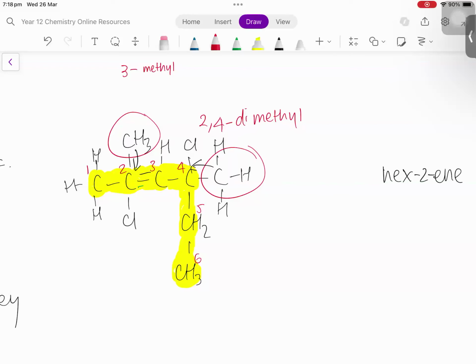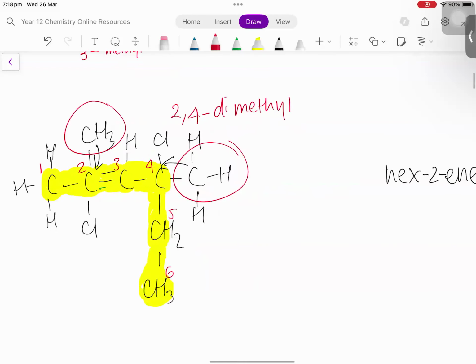I'm not going to put it together yet. All right. Anything else you see besides these carbon branches? Are there any halogens?